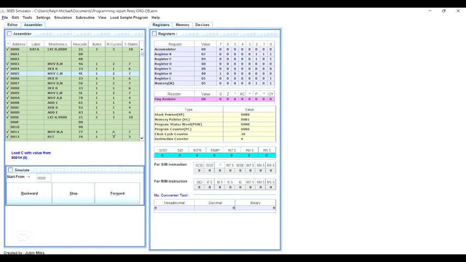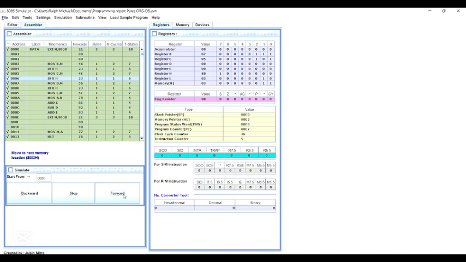Next is move the value at HL, which is 8001H, into register C, where register C has the value 5. Then next is increment, or HL plus 1, so it will become 8002H.